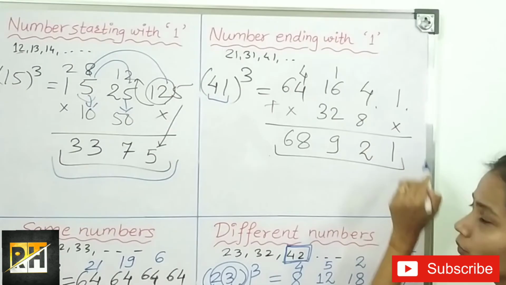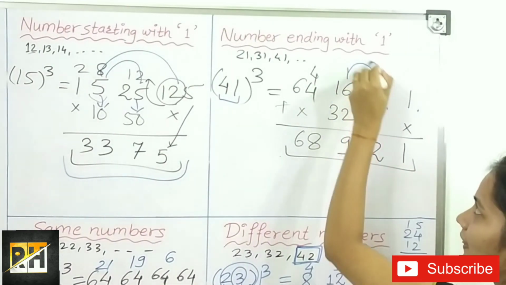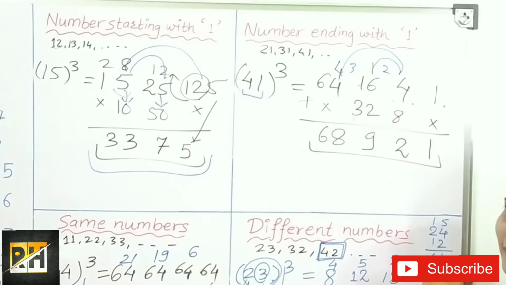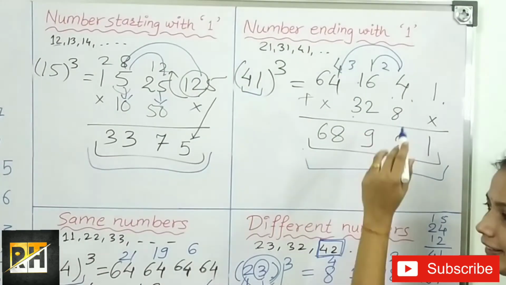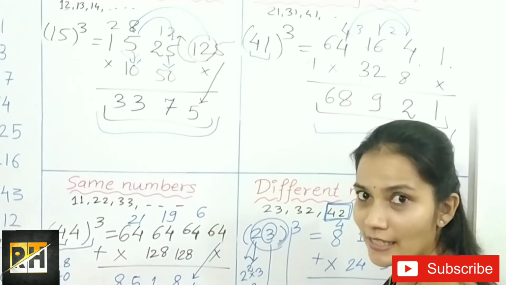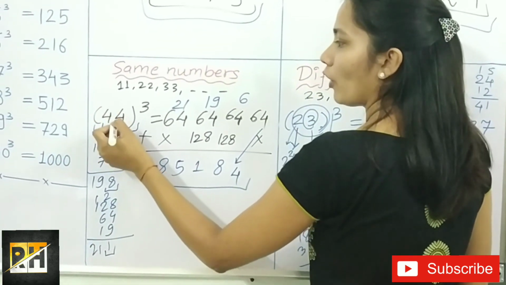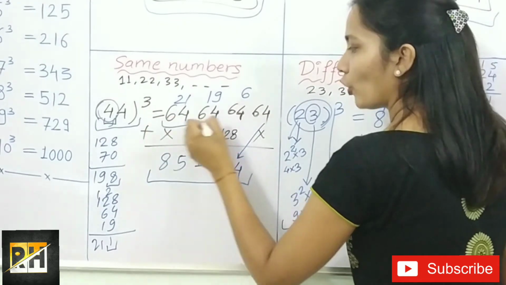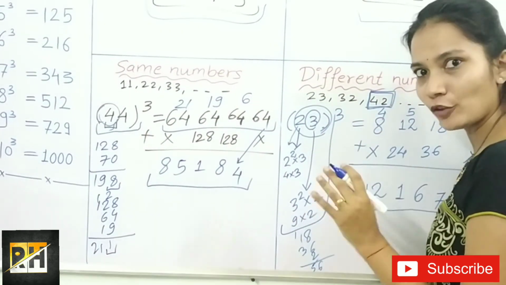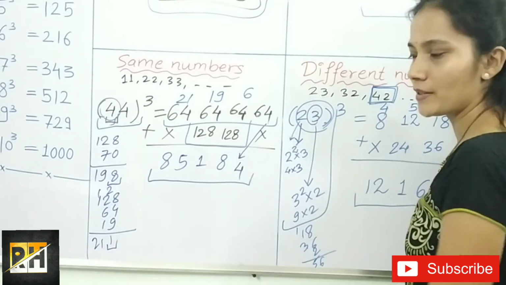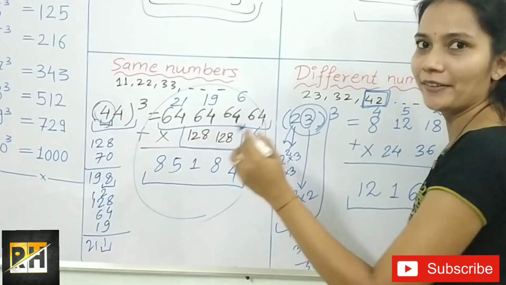That first two, then square, then cube. And then double of the middle terms and then add it. For the same numbers, we have taken the cube of the number 4 times and written it 4 times. And then again we have doubled the middle terms and added it.